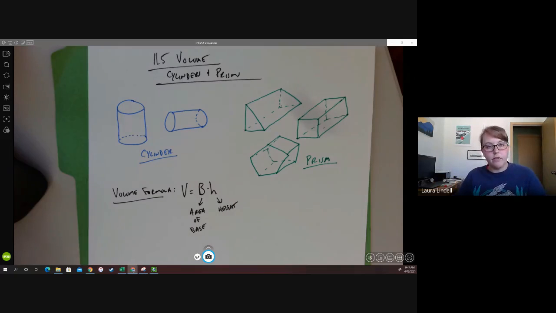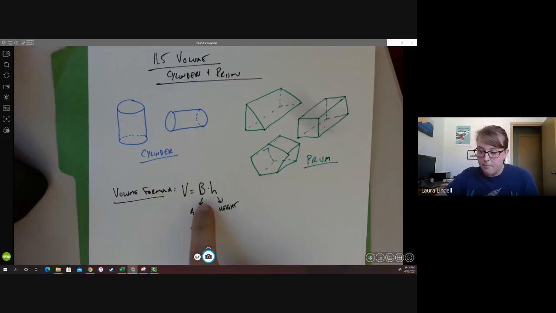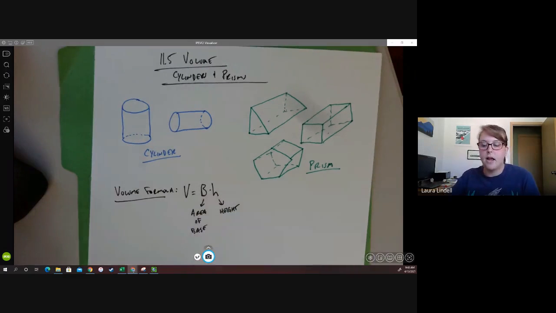Now you can have different little volume formulas for each of these different shapes. Like technically for a rectangular prism, you could do length times width times height. Or for a cylinder, you could do pi r squared times the height. But what that really is the same thing as this, area of the base times the height.